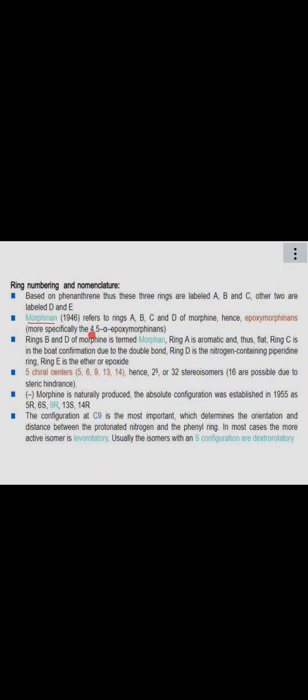So we can call morphine a 4,5 alpha epoxy morphinan. So these are the things we have done. Rings B and D of morphine are termed morphan. Then A is aromatic, that's flat. Ring C is in the boat conformation due to a double bond.